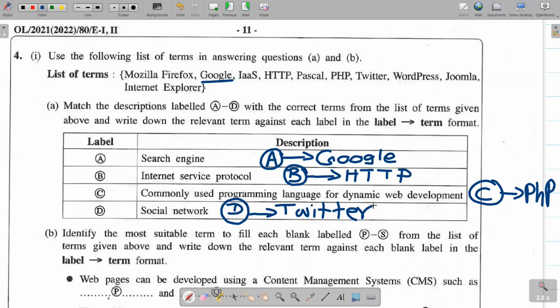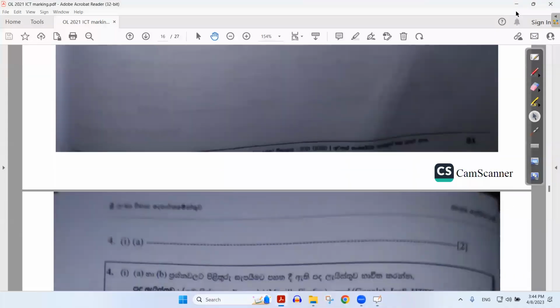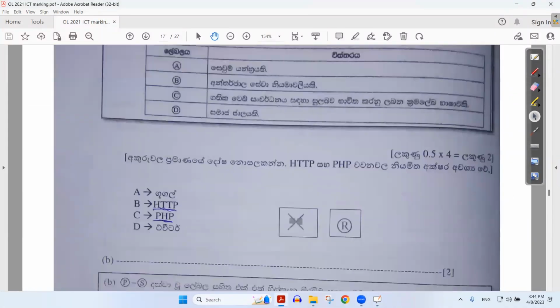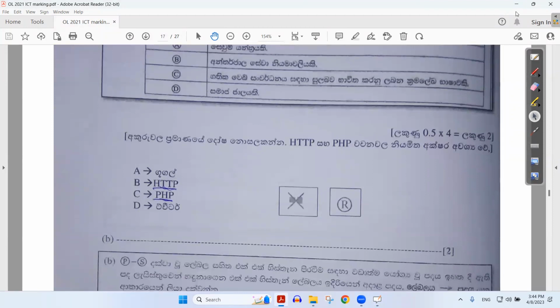Right, so let's cross-check the marks. Yeah, if you have given those things correctly, 2 marks will be given. So just see what it is.